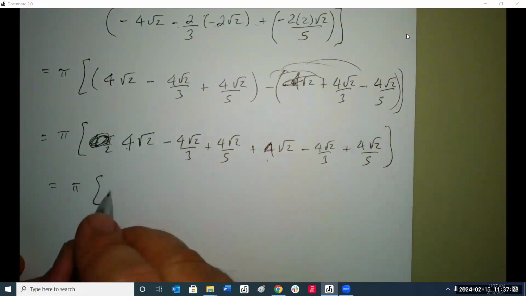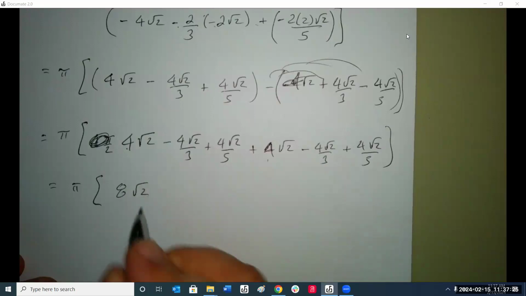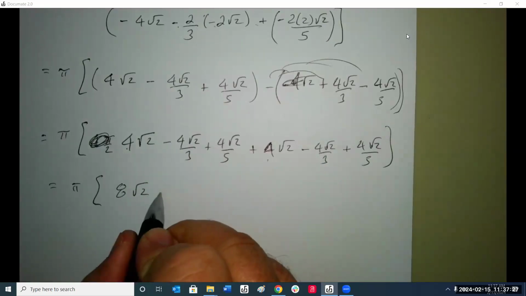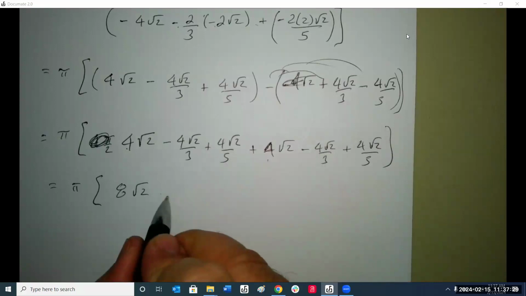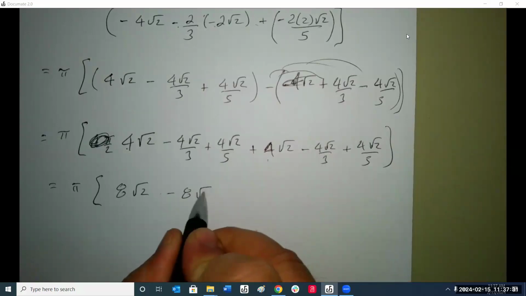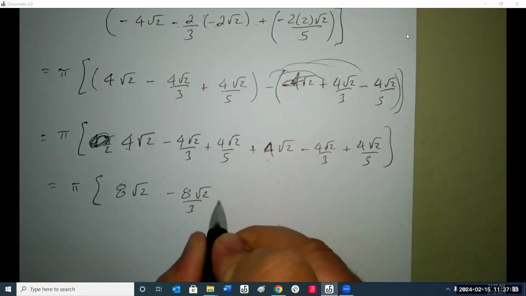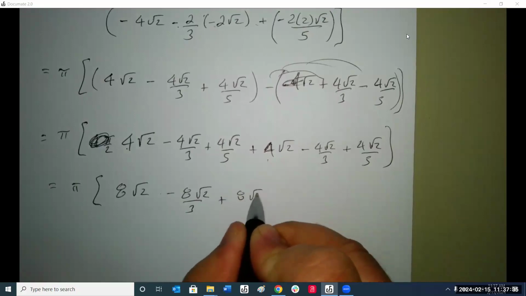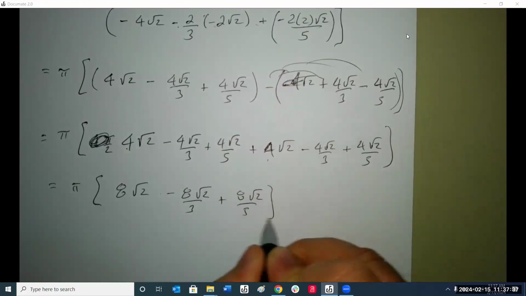Four plus 4 is 8 square root of 2. Negative 4, so it's negative 8 square root of 2 over 3, plus 8 square root of 2 over 5.